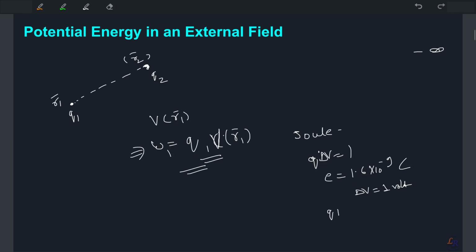It would be Q delta V, that is 1.6 times 10 to the power minus 19 coulomb times 1 volt, which equals 1.6 times 10 to the power minus 19 joule.